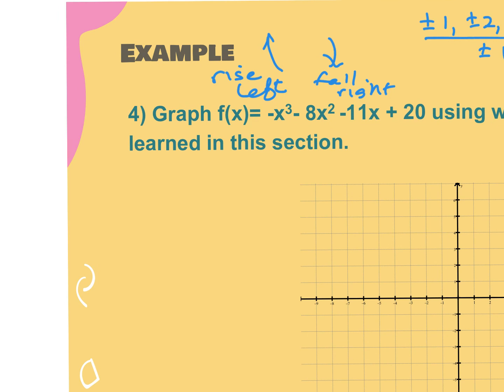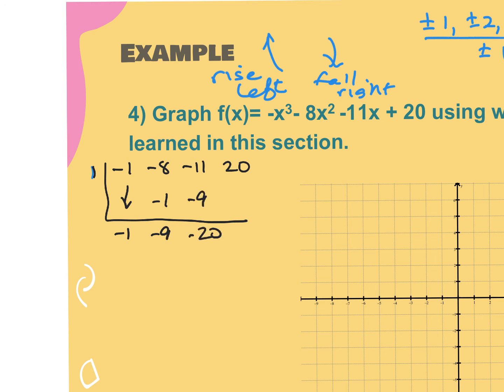Again, set this up, put the 1 on the outside, which is a confirmed 0 from Desmos. Add in all my coefficients: -1, -8, -11, and +20. I'll bring down, multiply, add the column, multiply, add the column, multiply, and add the column.